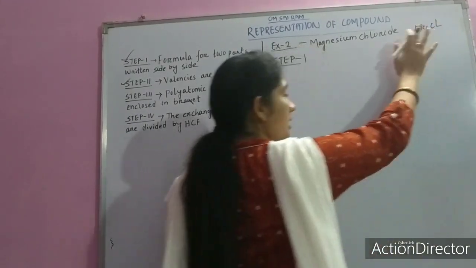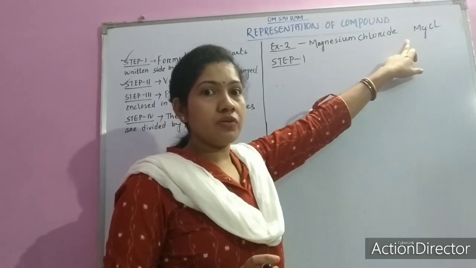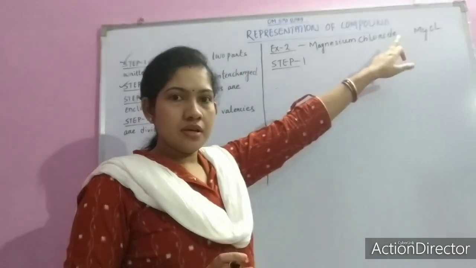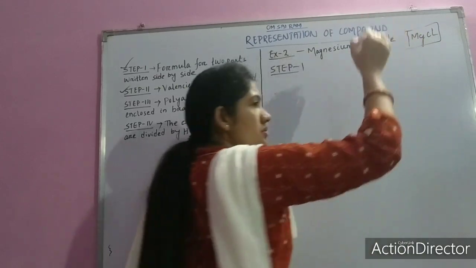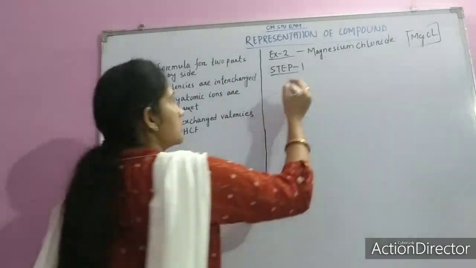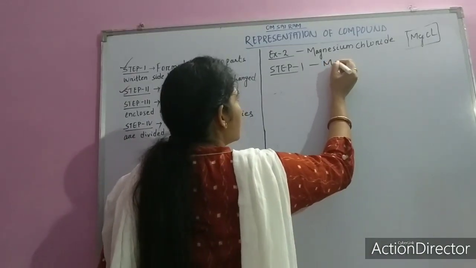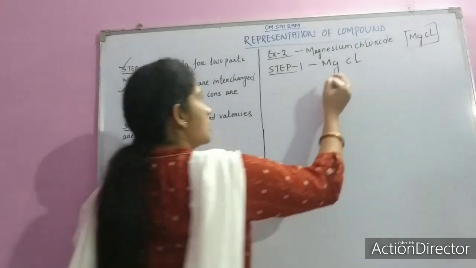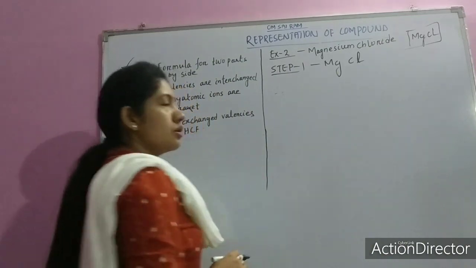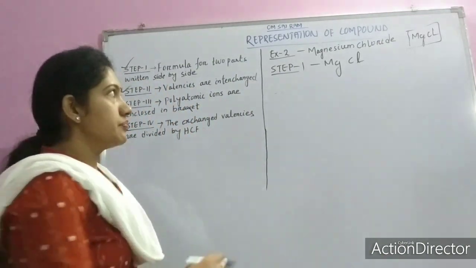Magnesium and chlorine. Remember, here I am not writing the formula; after deriving, I will represent the formula. So let us write magnesium and chlorine. Both are the two parts of magnesium chloride.